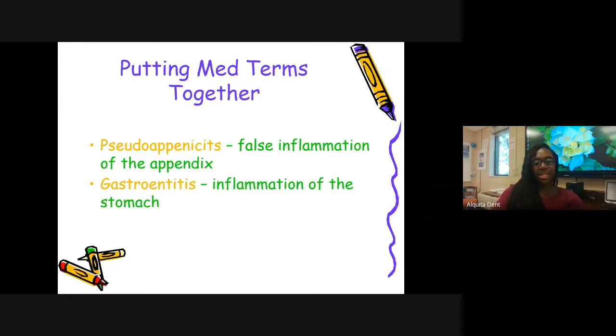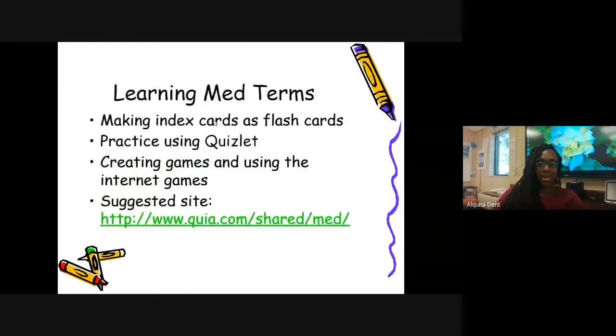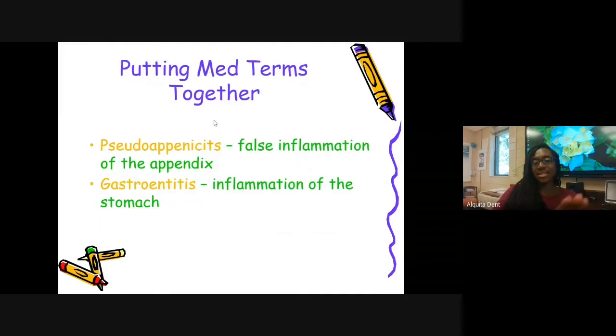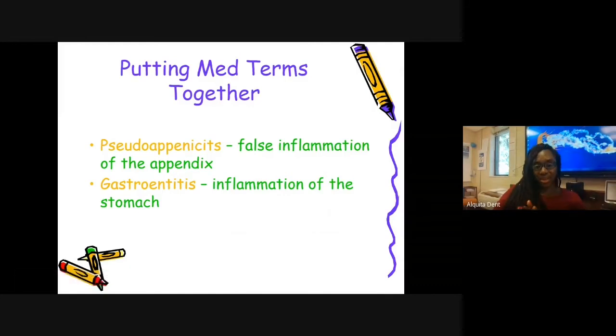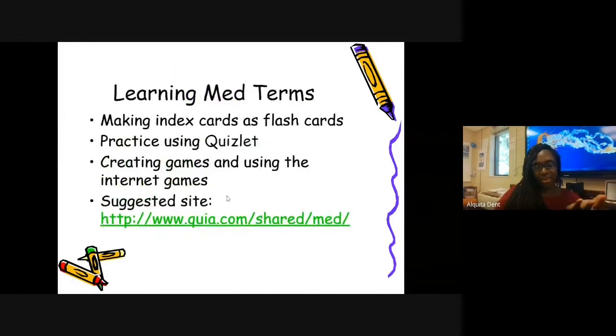Gastroenteritis is inflammation of the stomach. Okay, so inflammation, stomach. Inflammation, false inflammation of the appendix. Okay, so when you're learning medical terms, this is practice for building a term, but we'll work more on reading them first and then how we build them once we get comfortable with actually reading and breaking the words down.